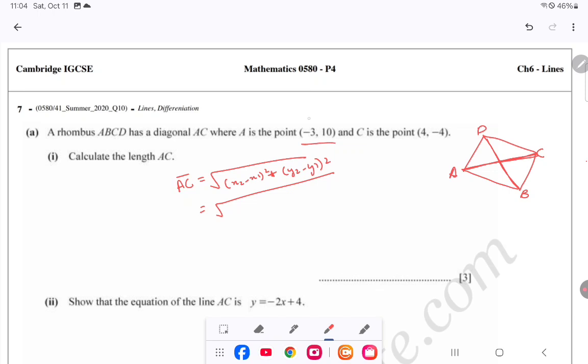First, this one is x1, this one is y1, this one is x2, y2. Put the values. x2 is 4, and x1 is negative of 3, plus y2 is negative of 4, and y1 is 10, squared.